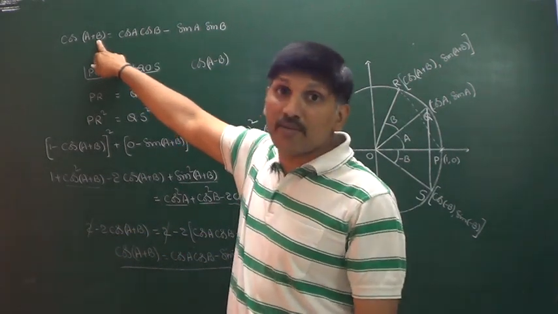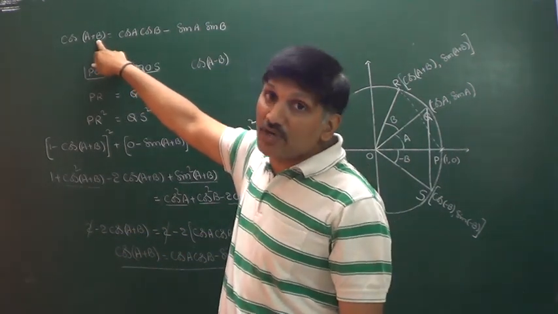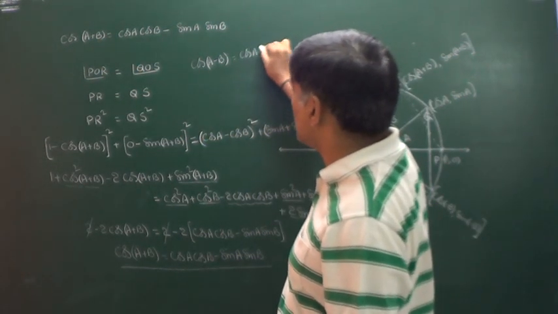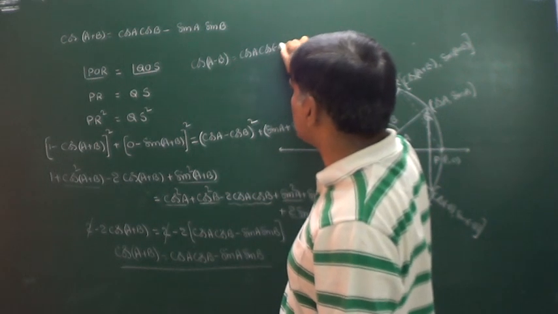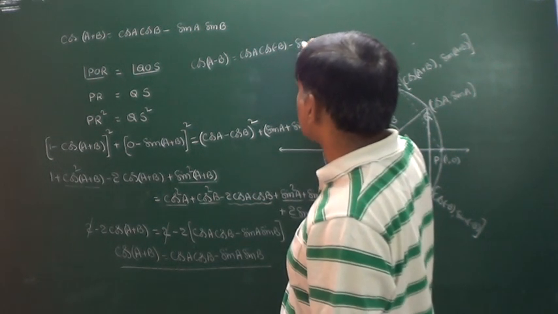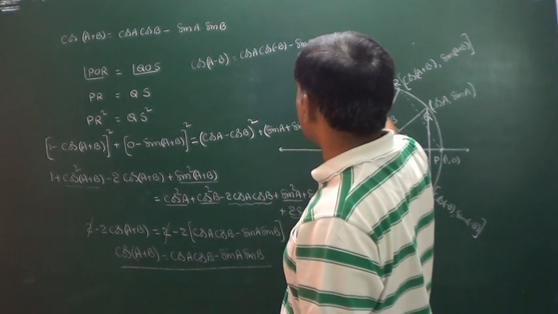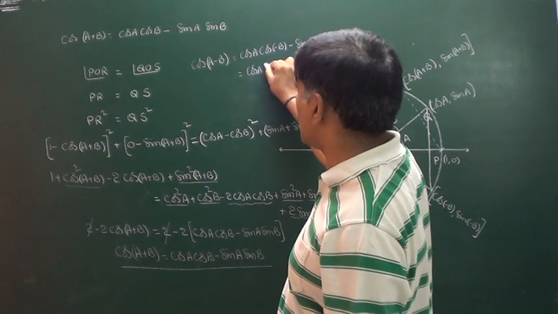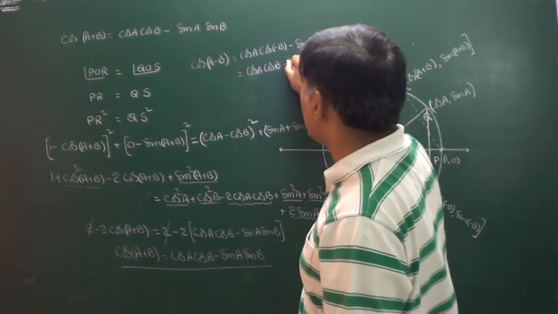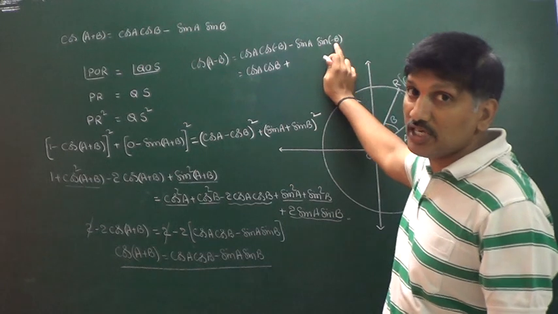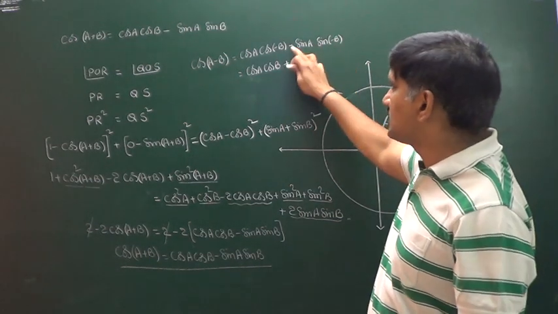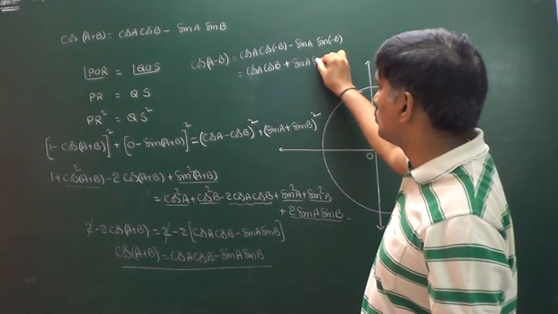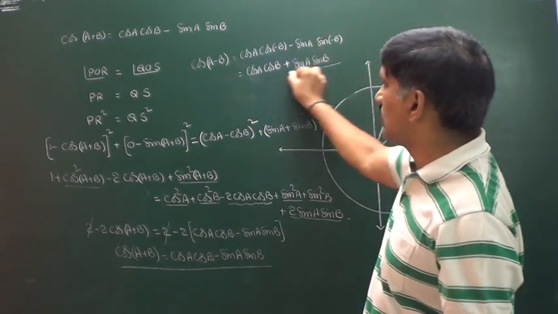B is replaced by minus B. In place of B I am writing minus B. Then we get cos A into cos of minus B minus sin A into sin of minus B. Cos of minus theta is cos theta, but sin of minus theta is minus sin theta. Minus into minus becomes a plus. That's why we are getting sin A into sin B. So that's what we got.